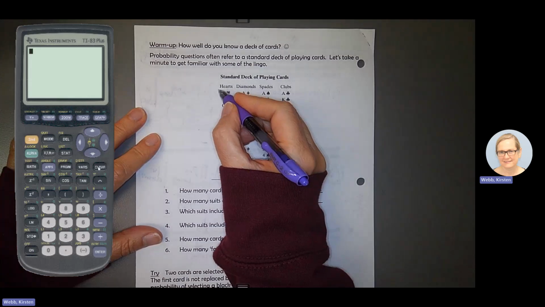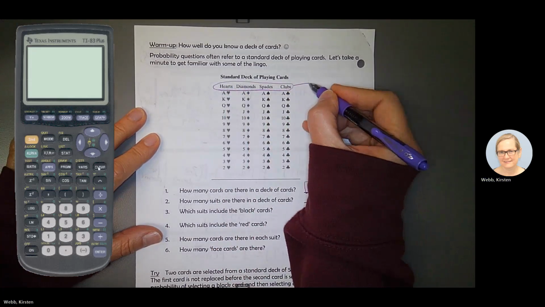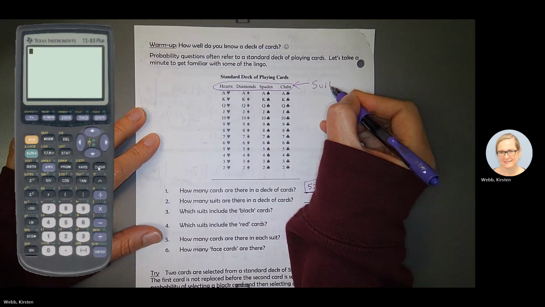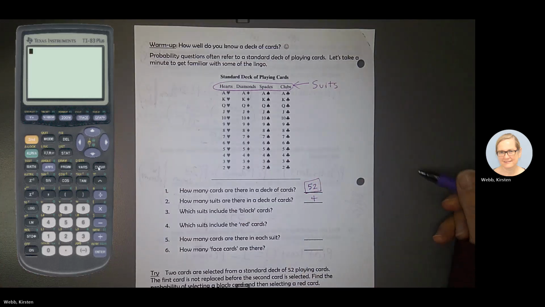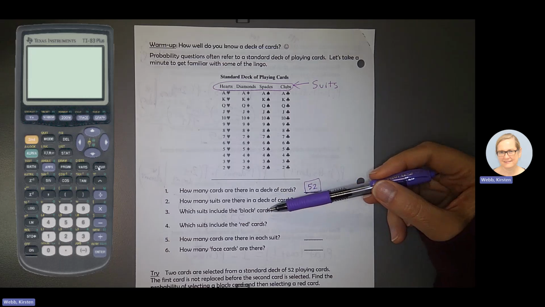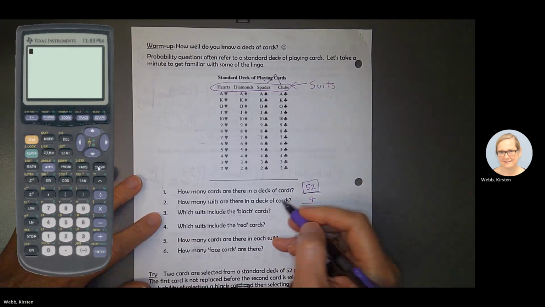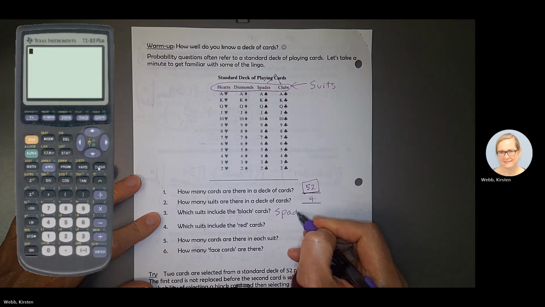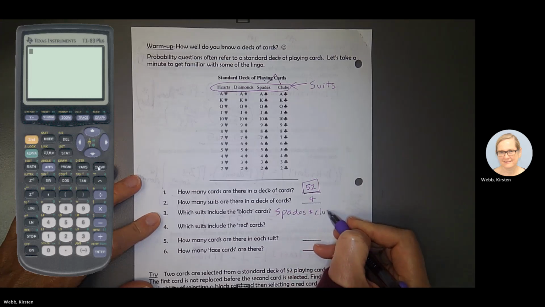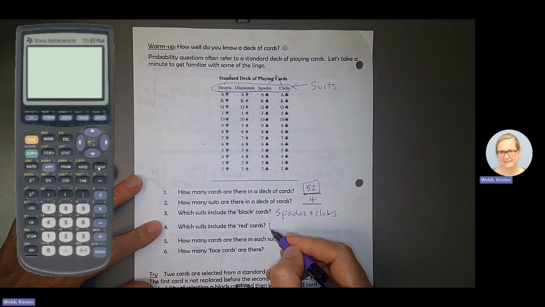That's like the hearts, diamonds, spades, and clubs. Which of those suits are black? Spades and clubs, yep. And the hearts and diamonds are red.